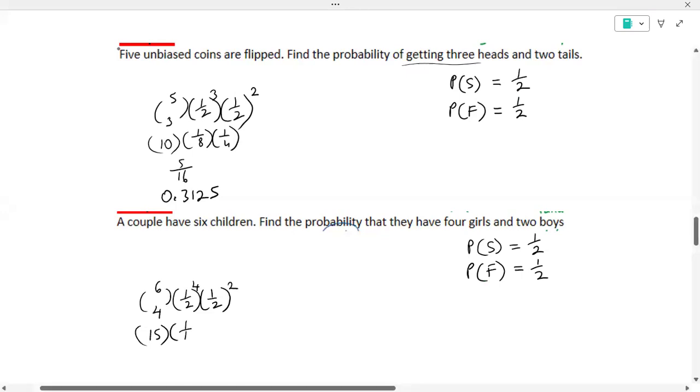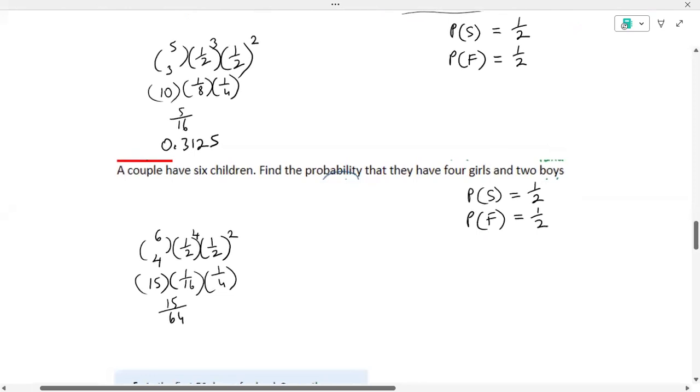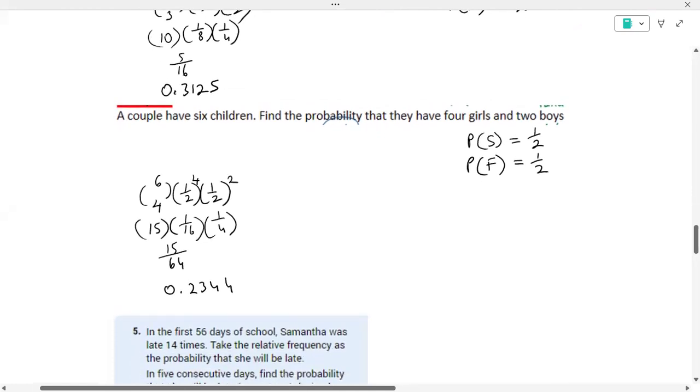That's 1/16, and this is going to be 1/4. Now we're going to multiply those together: 15 by 1/16 by 1/4. That's giving me 15/64. And as a decimal, 0.2344. Usually for probability, we do 4 decimal places.